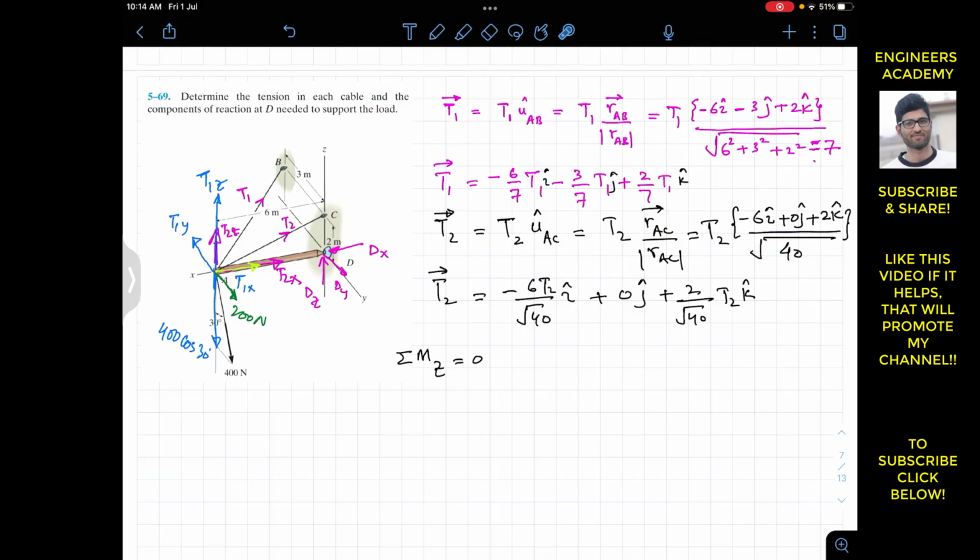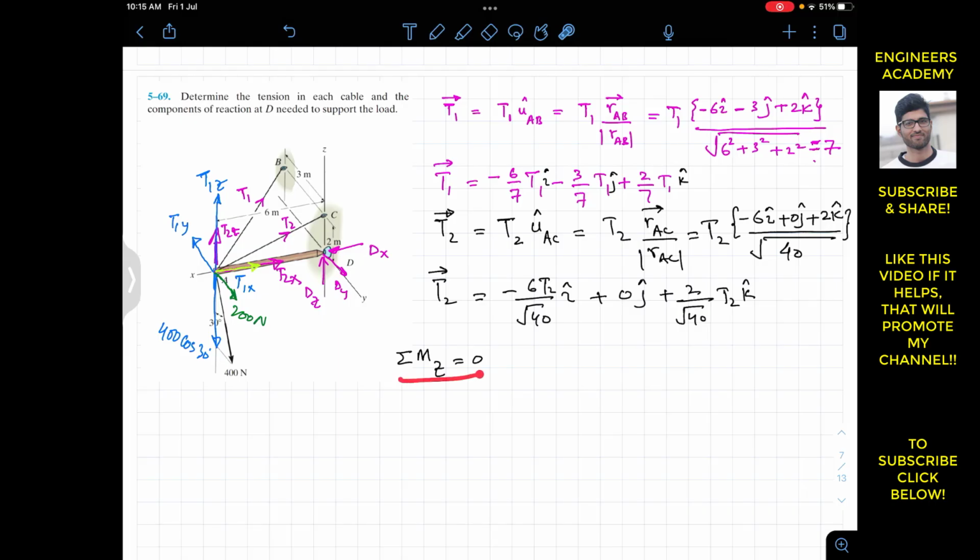In another way, this T2 is intersecting with the z-axis, so it's not going to produce the moment about the z-axis. And obviously if T2 is not going to produce the moment about the z-axis, its components are not going to produce the moment either.